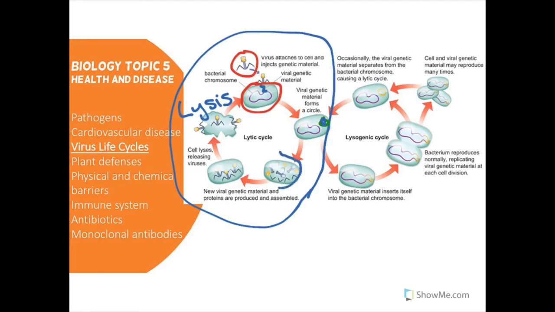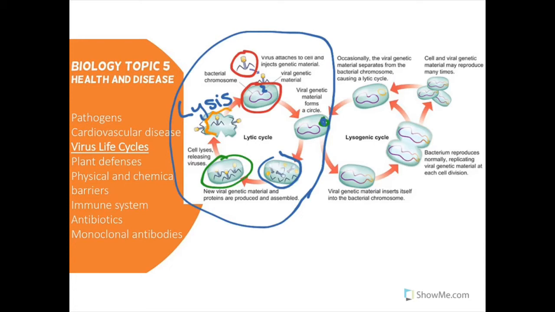So it's going to make new capsid, it's going to make new antigens, and it's going to also copy the genetic material of the virus. It is then going to assemble all that together to create thousands of copies of that virus, and then it's going to split open the host cell.